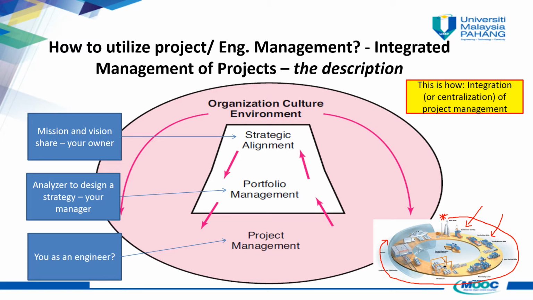There's a lot of activity. So as engineers, as technicians, as a technical team, how do we utilize project or engineering management so that we can control all of this activity in a very competitive manner?